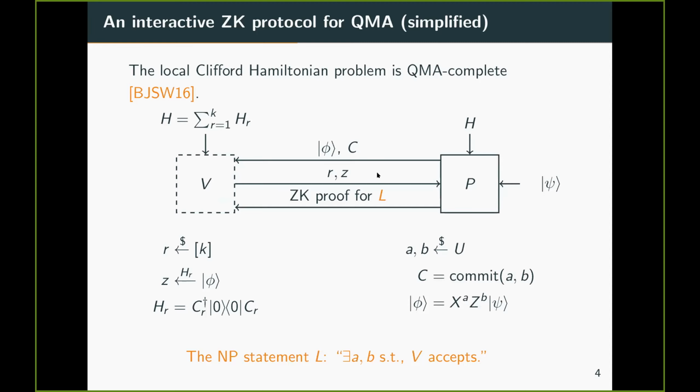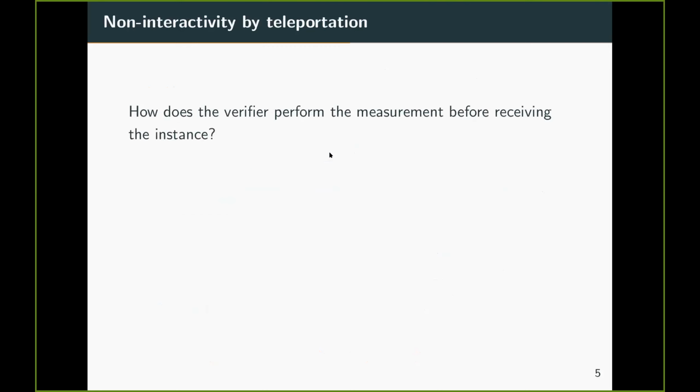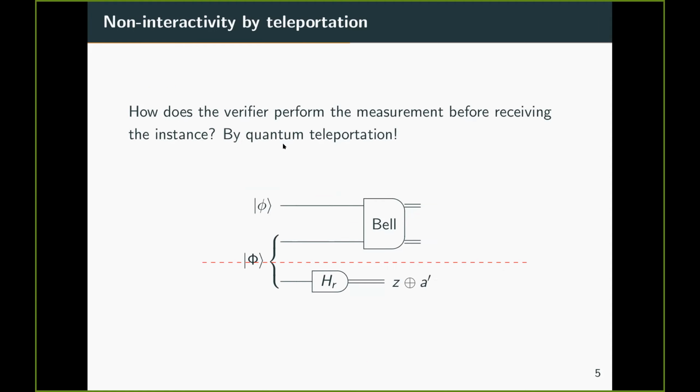The protocol takes three messages because the verifier has to perform a measurement and send over the outcome on the encrypted witness state. So a question is, how does a verifier perform the measurement before receiving the instance or the witness state? This seems a challenging question to ask, but it turns out that we can do that by using quantum teleportation.